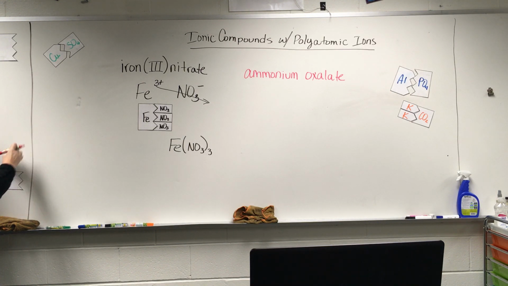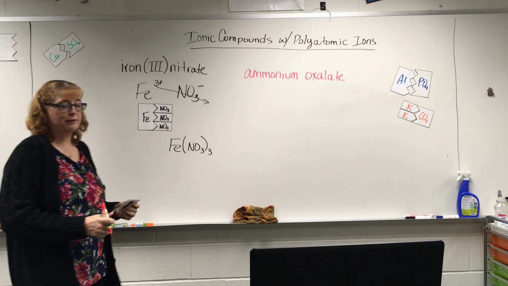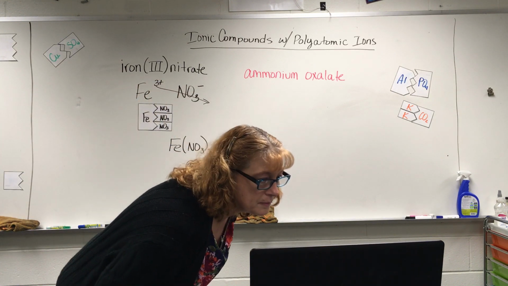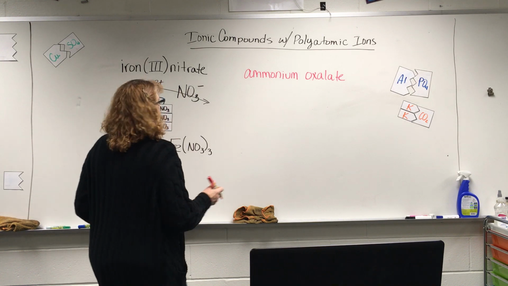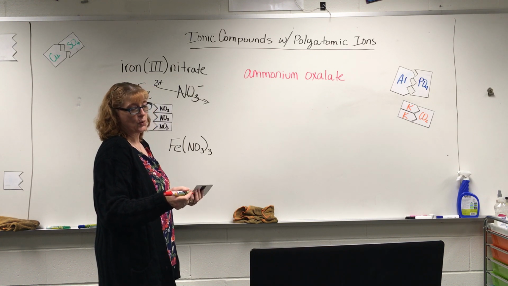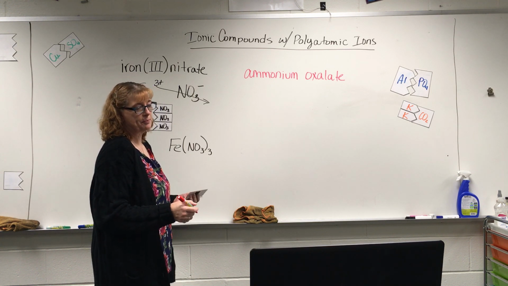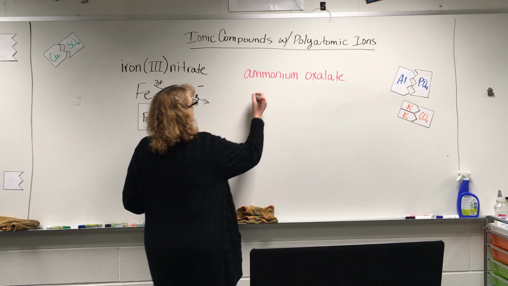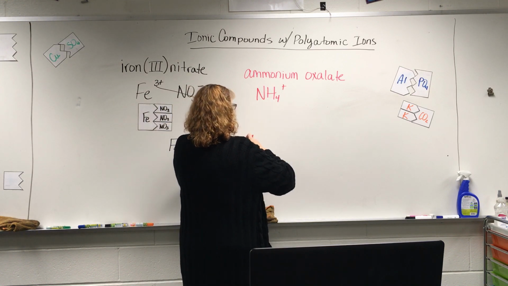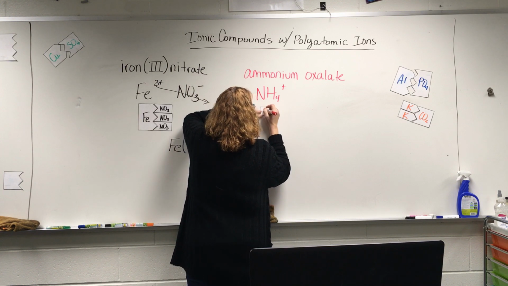So what is the formula and charge of ammonium? Anybody know? It was the very first one I gave you when I was giving you the list: NH4 with a plus 1 charge. Right. NH4 with a plus. So I'm going to put it on here.